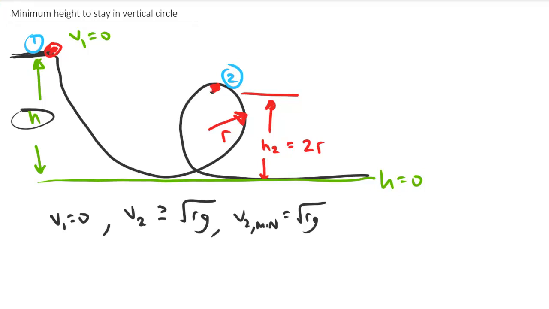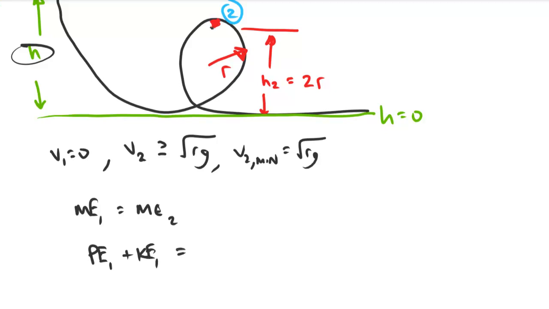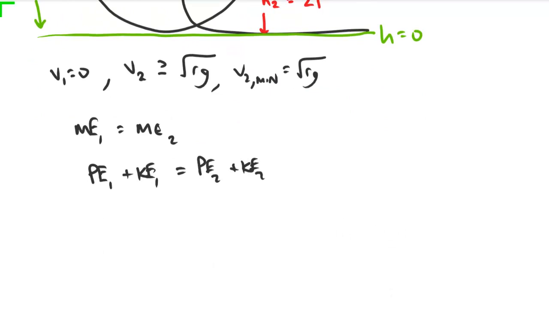Using conservation of energy, the mechanical energy at point 1 must be equal to the mechanical energy at point 2. Therefore we have the potential energy at 1 plus the kinetic energy at 1 is equal to the potential energy at 2 plus the kinetic energy at 2. Again, we don't have any springs here. We know that we started out at rest, so the kinetic energy at 1 is equal to 0.